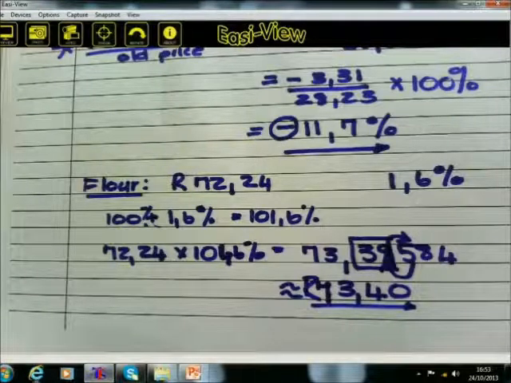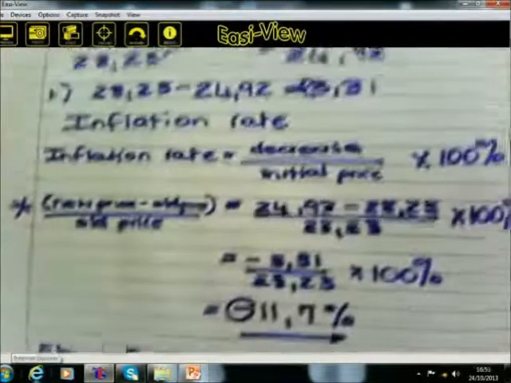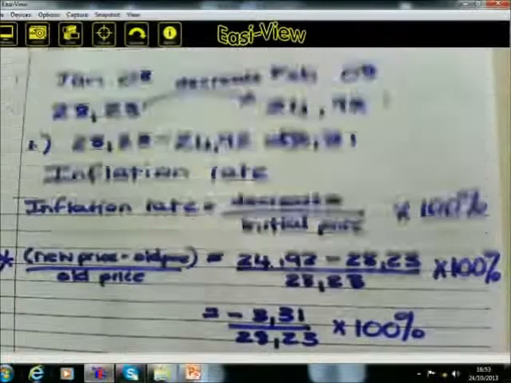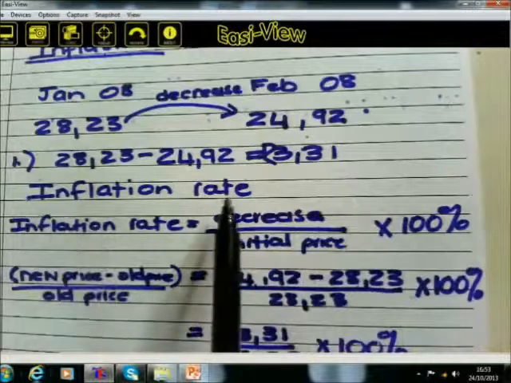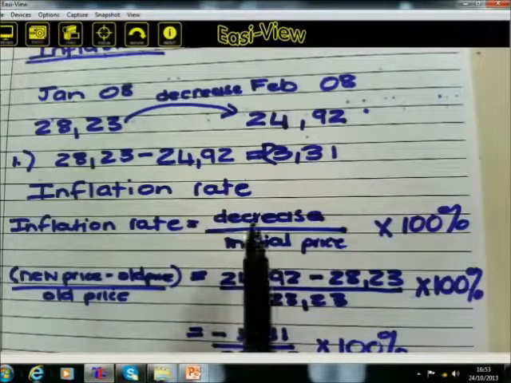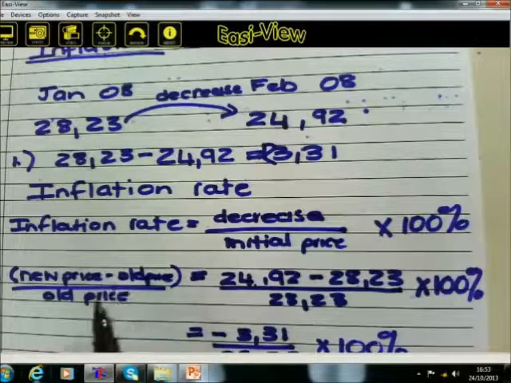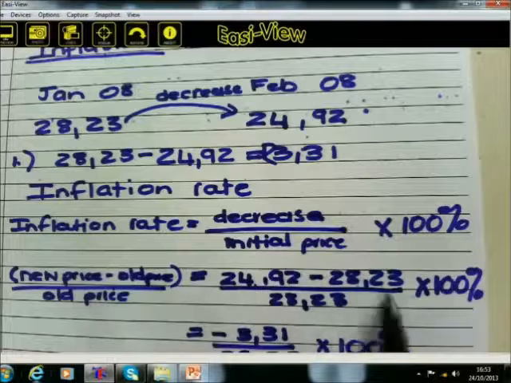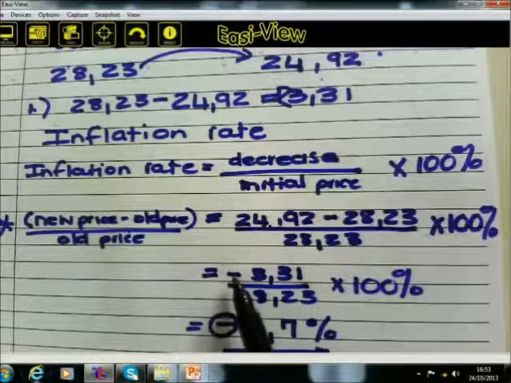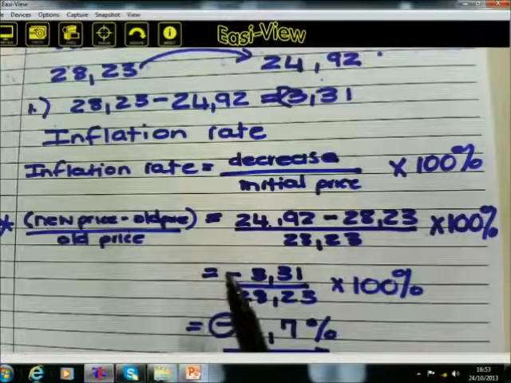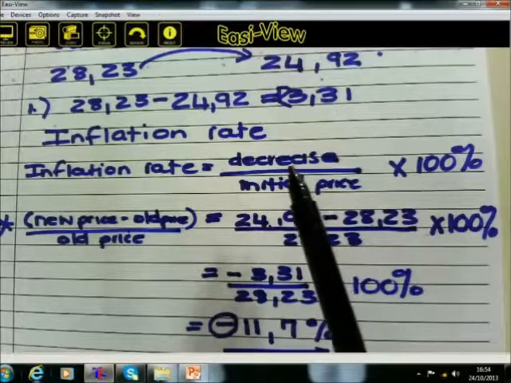Right, so now you have done both an example, I'll just show them to you again, of calculating the change in the product, of calculating the inflation rate, but be careful when there's a decrease. Always remember it's the new price minus the old price over the old price. Substitute, simplify, and don't get a fright when there's a negative, because the moment you see a negative, you know that it is a decrease.